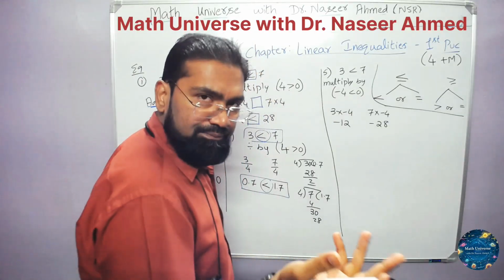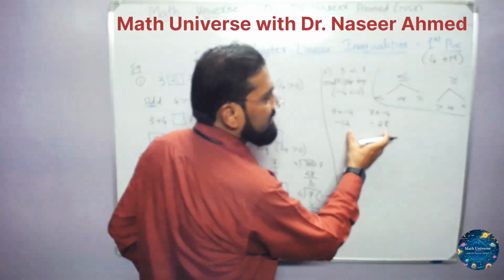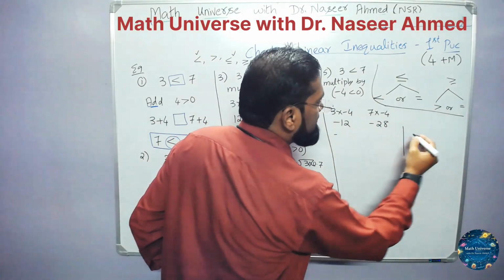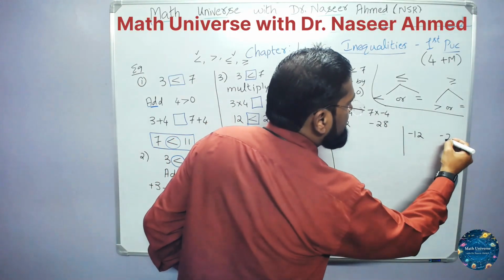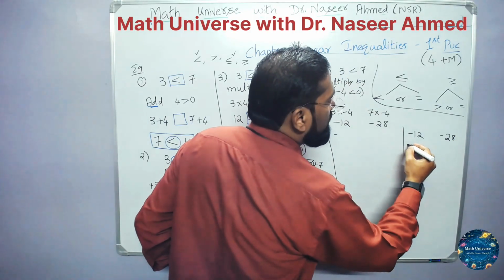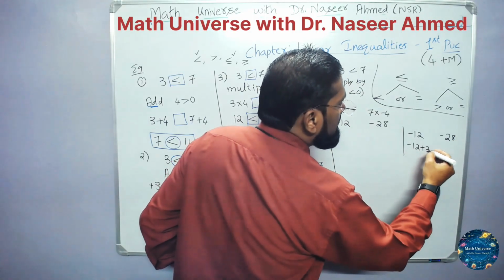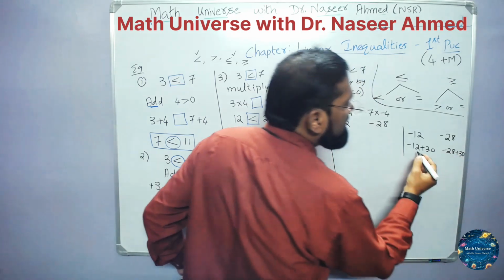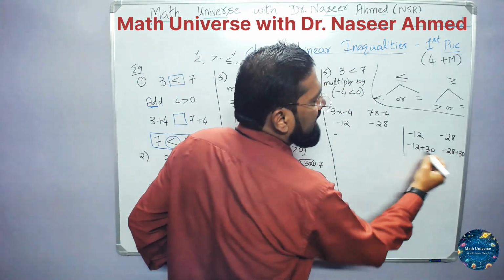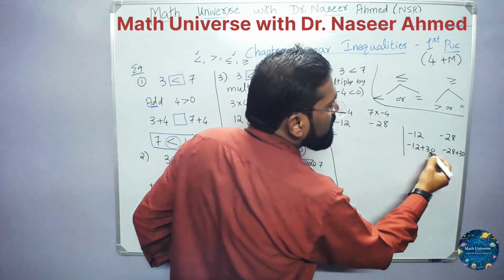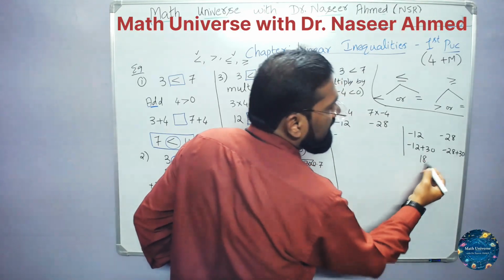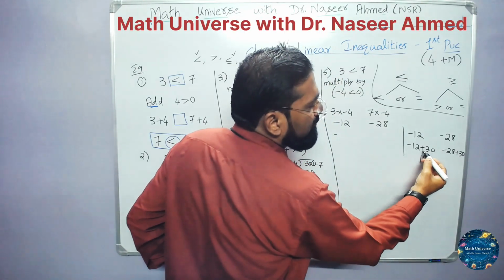So I will take 30, 30 rupees. 30 is larger than this. So now on either side, see this, minus 12, minus 28. On either side, we are going to add 30 rupees. So how much is minus 12 plus 30? Signs are different, so I should subtract, and I get 18. The larger number is 30, so the sign is plus.